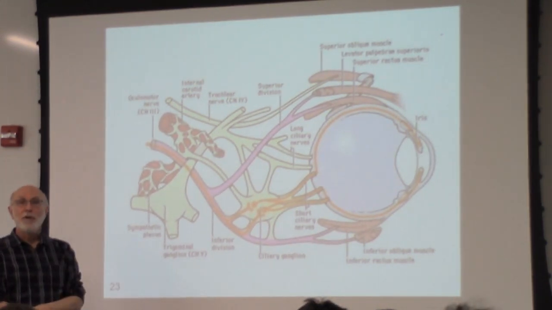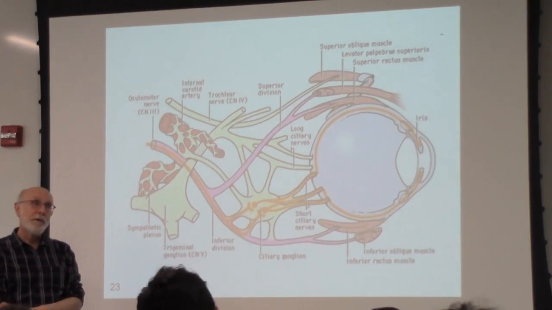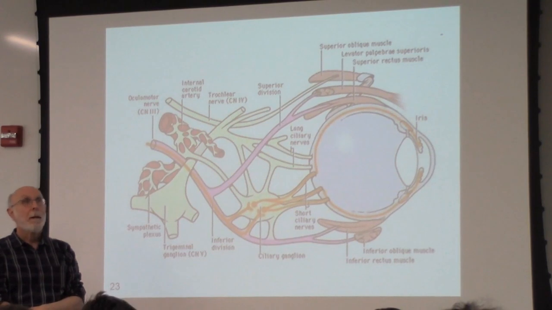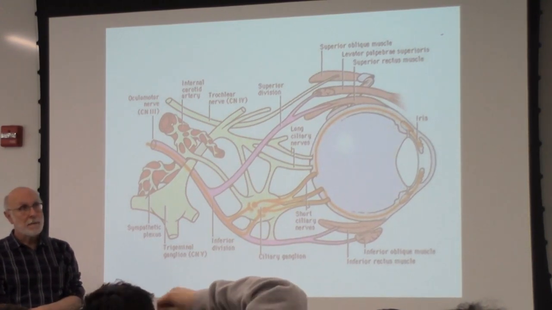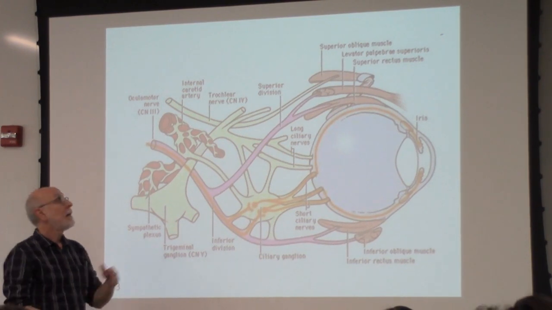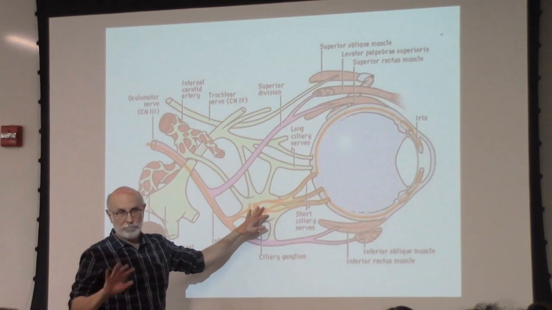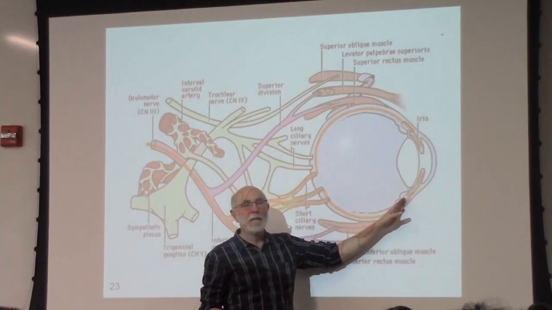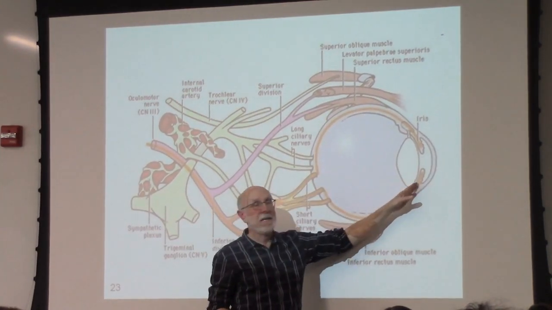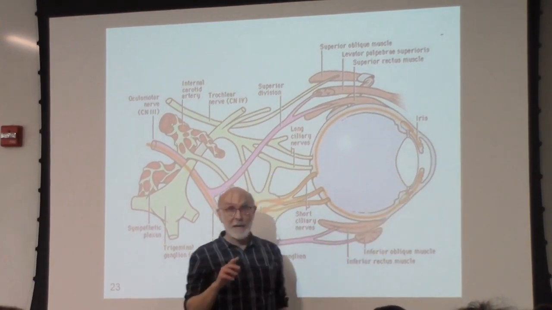So the oculomotor nerve innervates the superior rectus, inferior rectus, medial rectus, inferior oblique. It also innervates a ganglion that innervates the ciliary muscle and the iris muscle. Let me say that again.